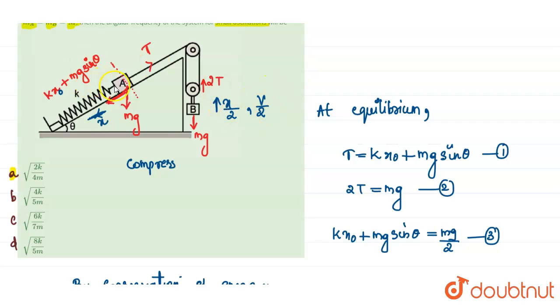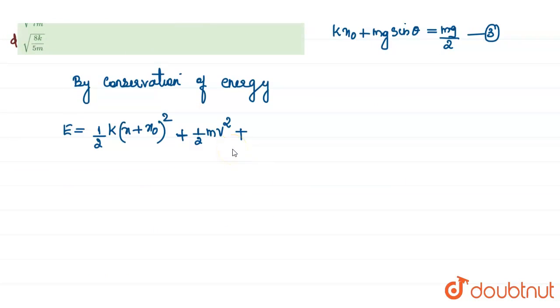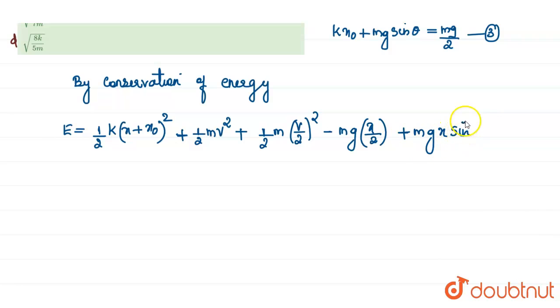Then the kinetic energy of that mass is half m (v by 2) whole square, and its potential energy, since it is upward, is minus mg into x by 2. Also there is a potential energy term mgx sine theta. So this is the total energy.